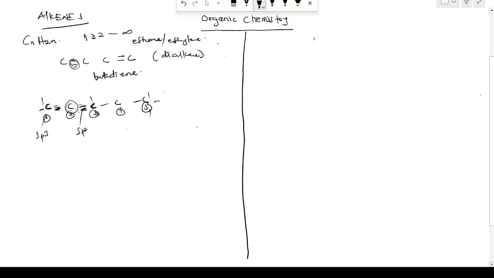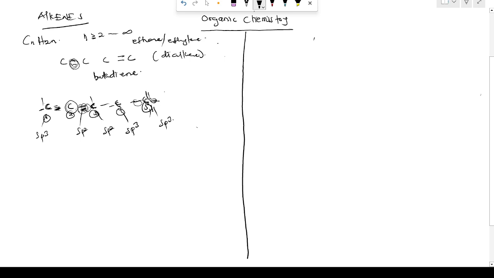The third carbon also has a double bond attached to it, so it also becomes sp2 hybridized. Then carbon 4 has only single bonds, so it is sp3 hybridized. And carbon 5 is also surrounded by single bonds only, so it's also sp3 hybridized.